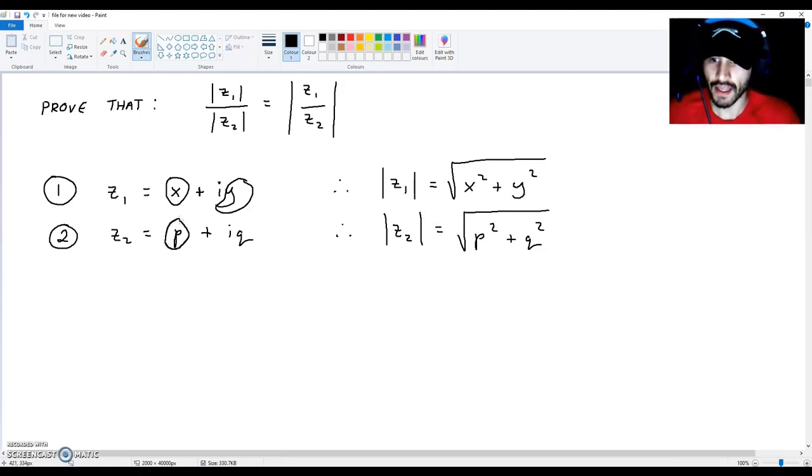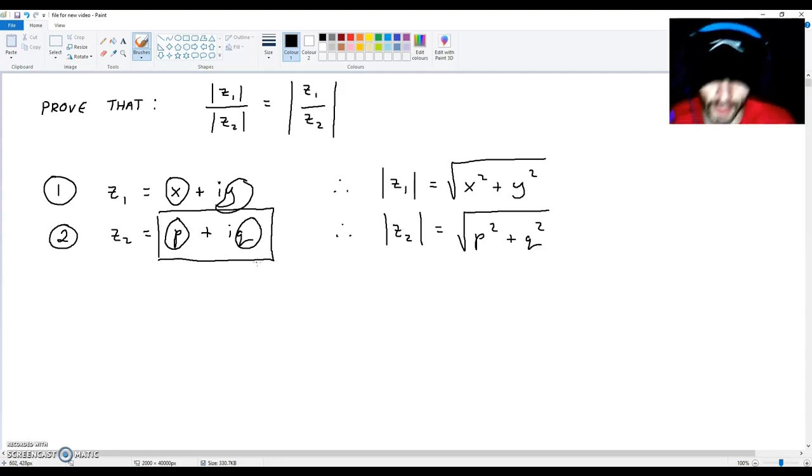This p is a real number, and this q is a real number, and obviously this is a complex equation. Since this is the case, the magnitude of Z2 is going to be equal to root p squared plus q squared.